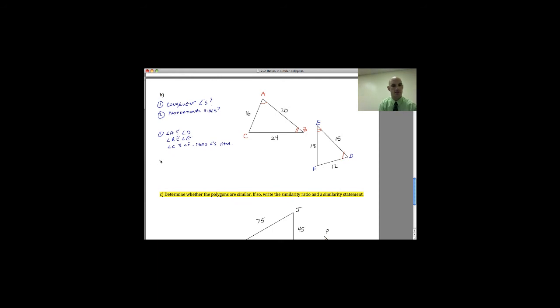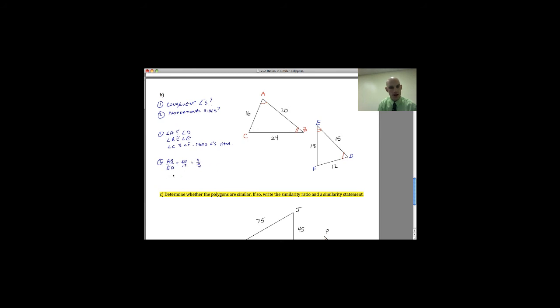Let's test the sides. AB goes with ED because it's between the first and second angle, the 1 and 2 tick marks. And so that's going to be 20/15, which is 4/3.